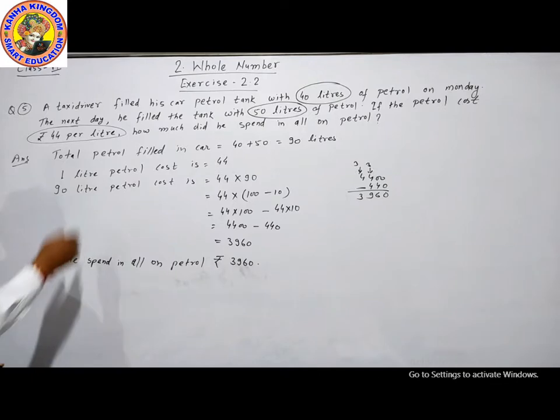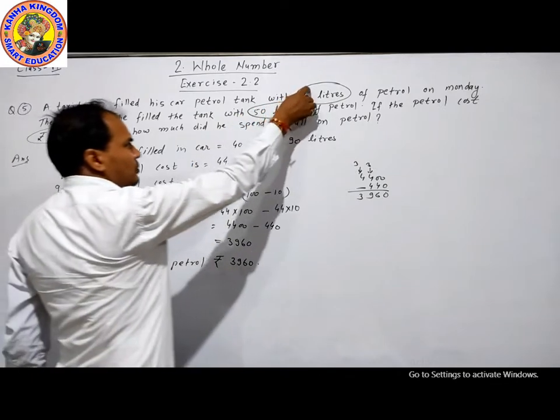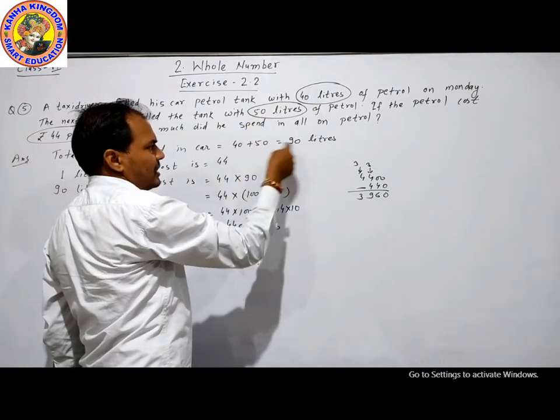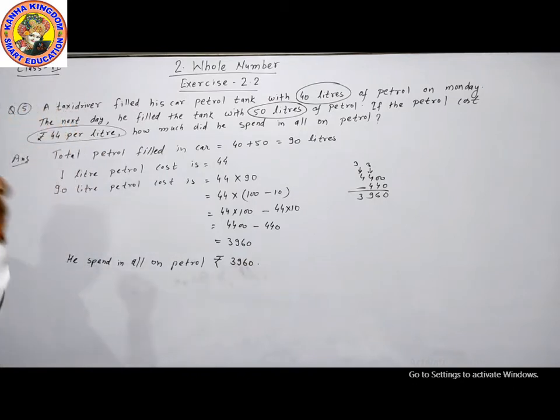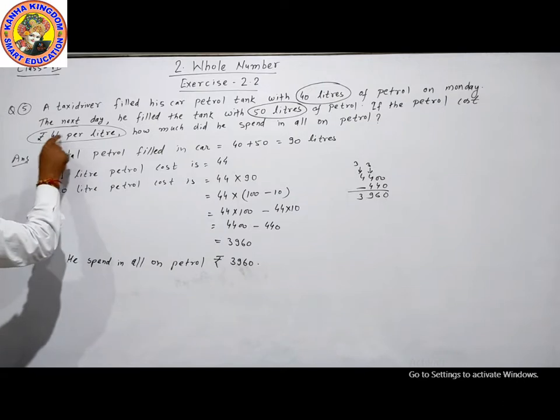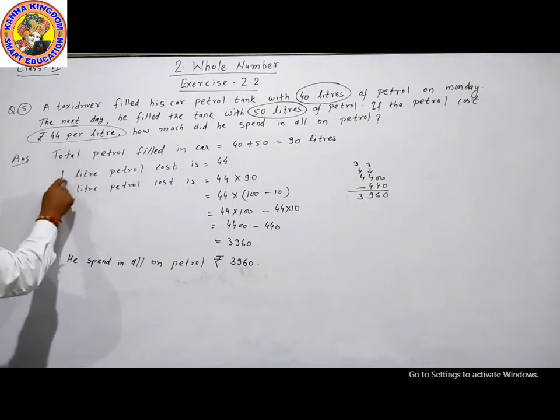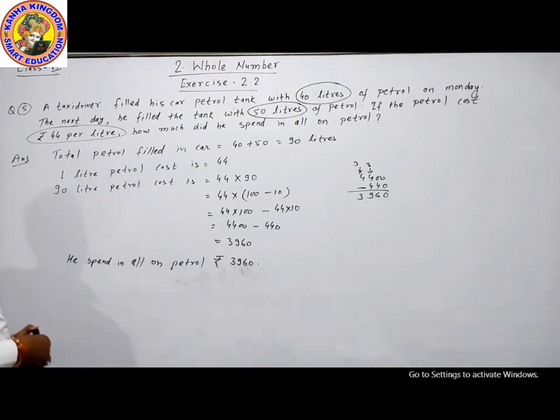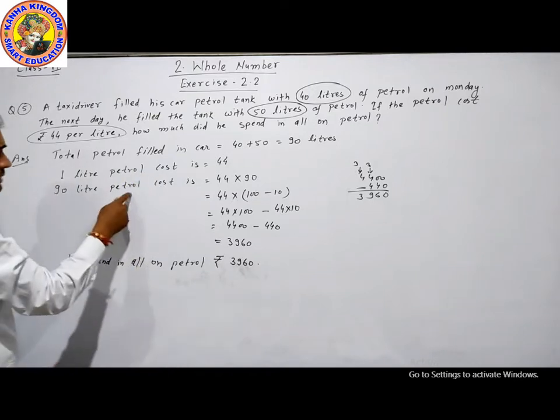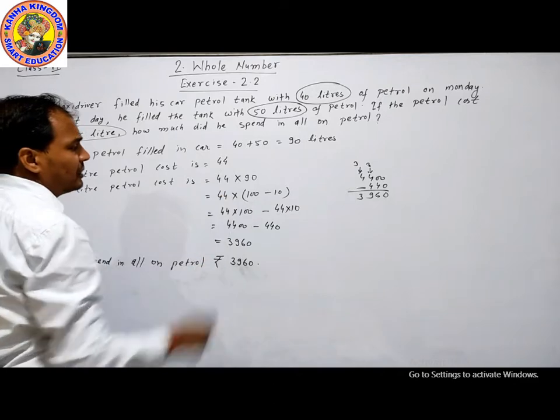Now total petrol filled in car, 40 and 50 liters. 40 plus 50 is equal to 90 liters. Total petrol filled in car is 90 liters. 44 per liter means 1 liter petrol cost is 44. So 90 liters petrol cost is 44 into 90.